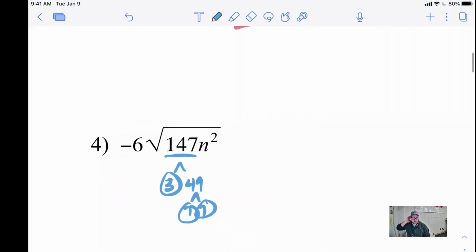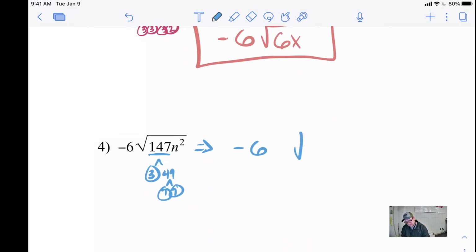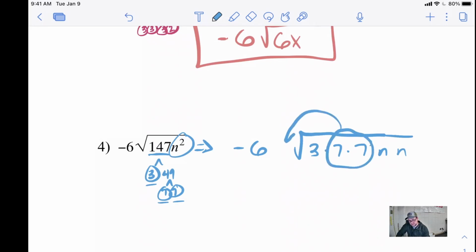Wonderful. So at this point, we can rewrite it. We have a negative 6 on the outside, and then the square root of 3 times 7 times 7. And then since we had 2 n's, we just stretch those out, n and n. 2-for-1 special, so 2 7's come out, and it looks like we can actually pull an n out as well.